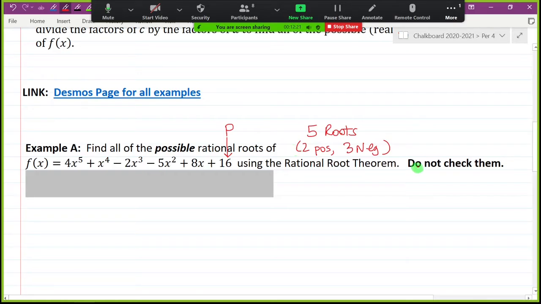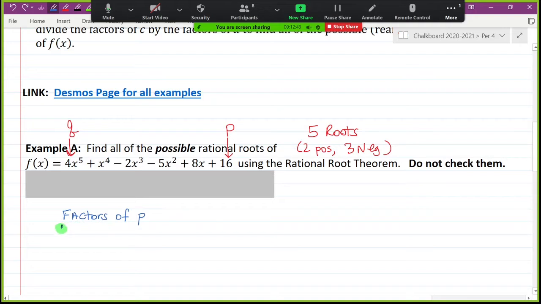And you're going to take that P, and then you're going to look at the first term, the lead term, and take the coefficient of the lead term, which is 4, and we're going to call that Q. So you got P and Q. And what you're supposed to do is take all of the factors of P, which is the constant term, the last number, and divide them by all the factors of Q. So in this case, P is 16 and Q is 4.